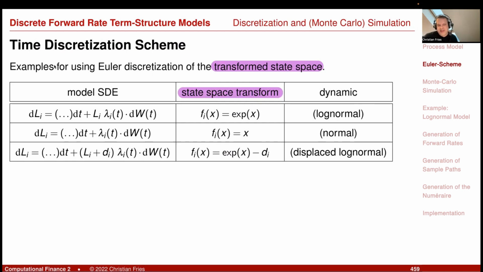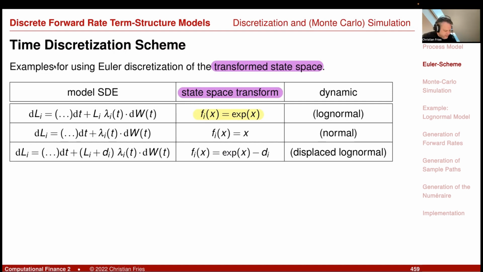If we go to the special log normal version, you will observe that there will also be an Li inside. So in that case, we can use the transformation exponential of x. So inverse is the logarithm. So we go to log coordinates, perform the discretization of log Li, retransform with the exponential.